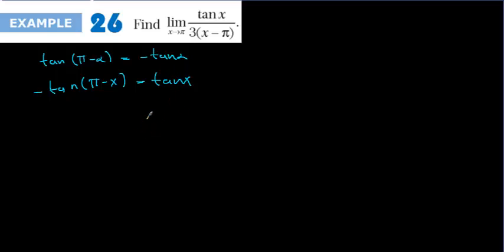And limit x tends to pi, tangent x is equal to minus tangent pi minus x over 3 times, but we have here x minus pi. We have to get pi minus x, so I'm putting a minus sign here, and it becomes like this. Here pi minus x tends to 0.